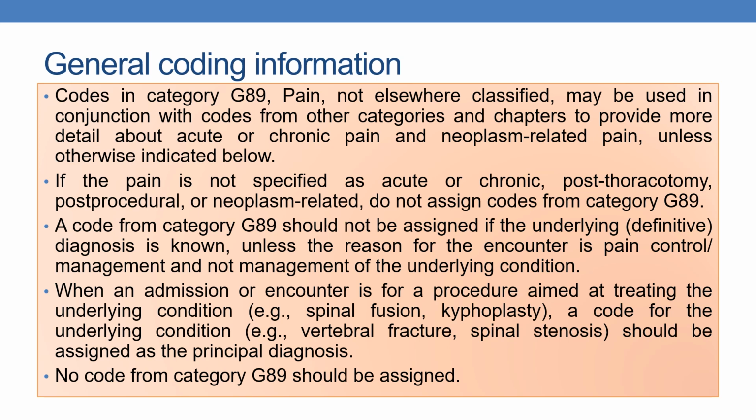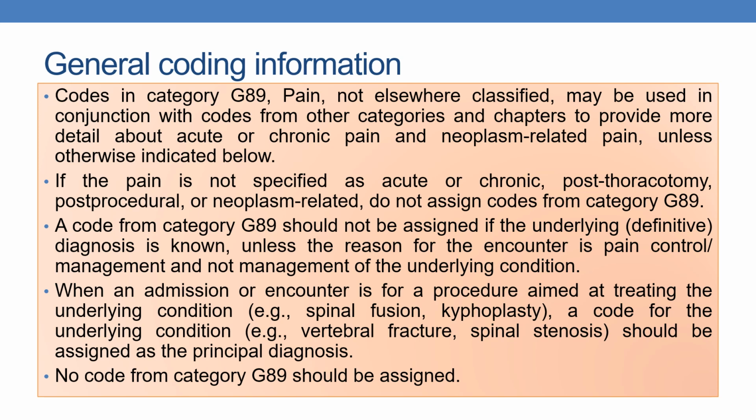A code from the category G89 should not be assigned if the underlying diagnosis is known, unless the reason for encounter is pain control or pain management and not the management of the underlying condition. For example, the patient is having chronic knee pain and the patient is having osteoarthritis of the knee.